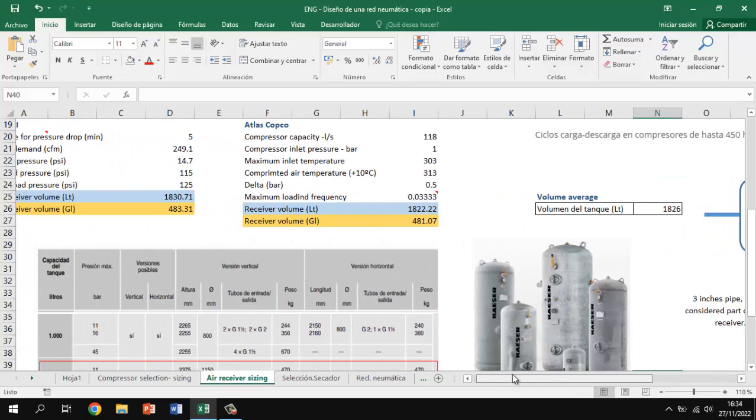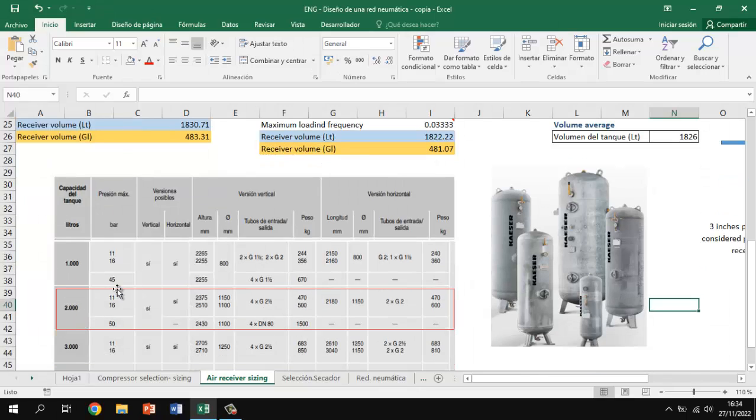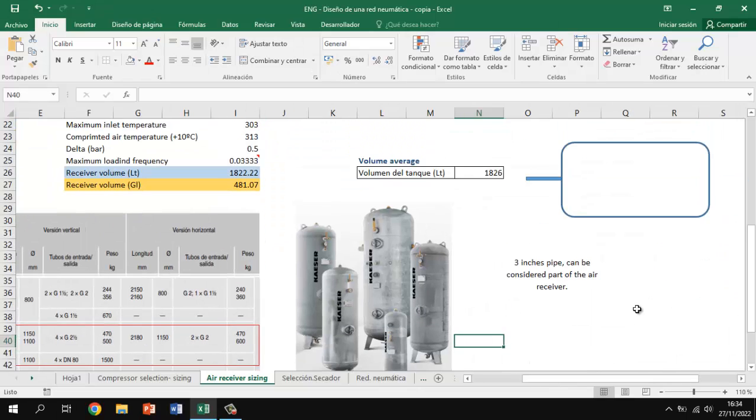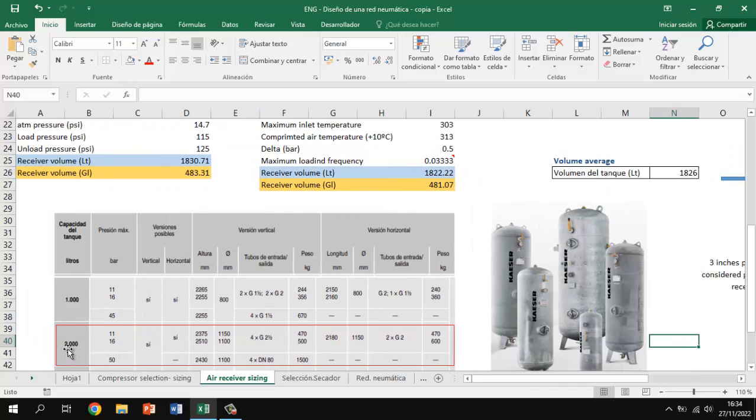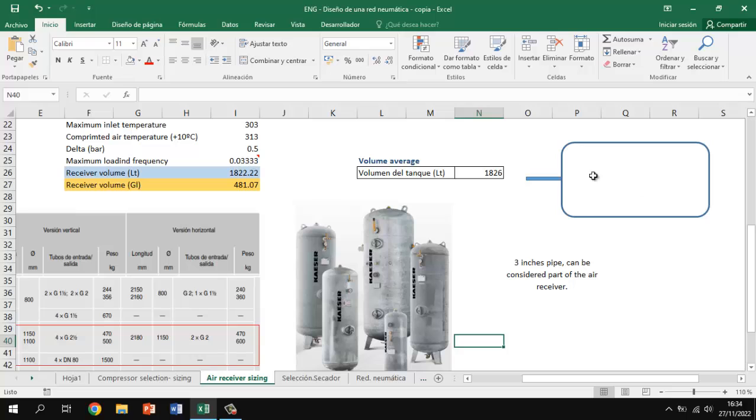So imagine if I need 2000 liters for this, and with my installation I will have 1000. So I don't need to buy 2000. I'm going to buy 1000 for this situation. So this is something that you need to remember to save money, to save energy.